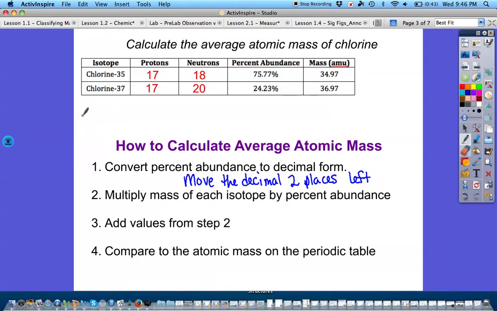So in our POGIL for average atomic mass, we looked at Mary, Jack, and Allen's methods, and we determined that Mary and Jack's methods were correct.